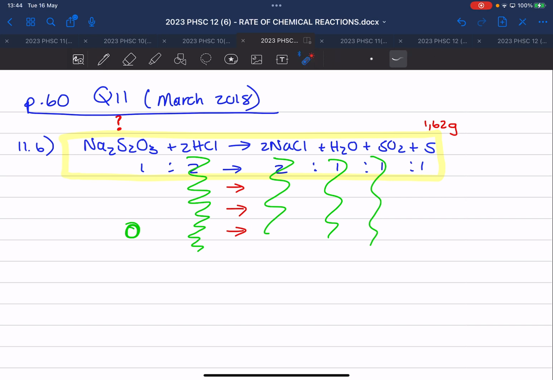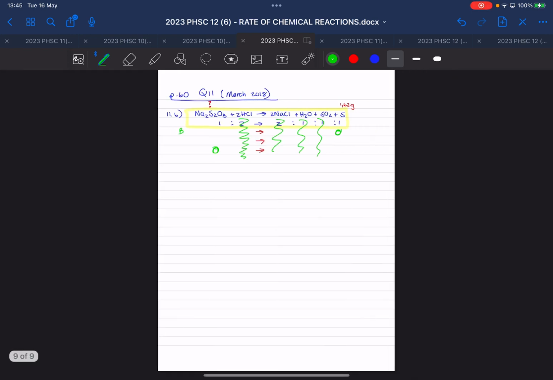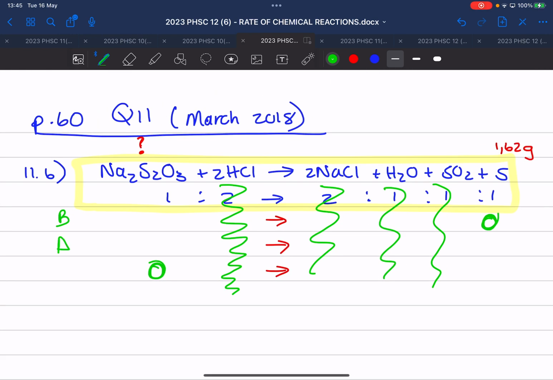And since sulfur is a product, we know we start with 0 of that. Remember last time we had the triangle: beginning, change, end. You still want it there. And this is your mole ratio.